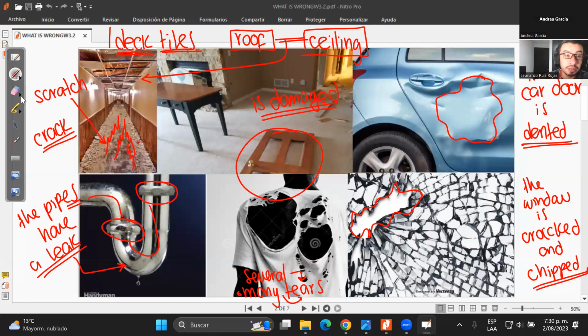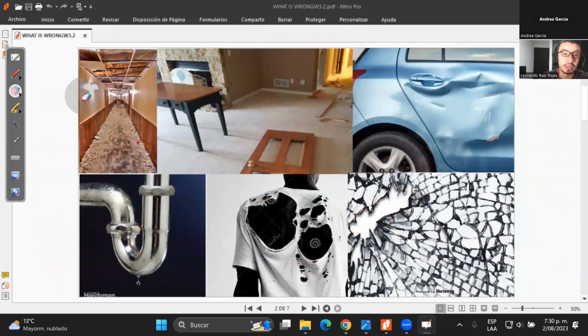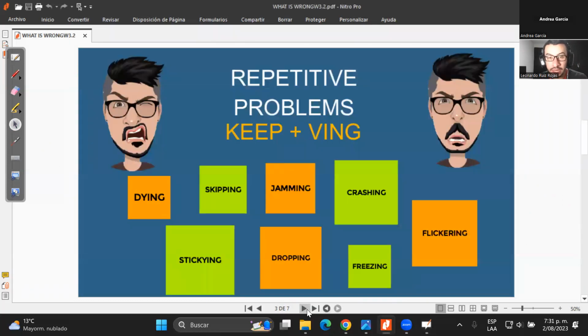So all of those problems are problems that, once they happen, can hardly be fixed. It's difficult to fix them, right? But we have other kinds of problems, which are repetitive problems. For example, when my cell phone has a problem: I charge it many times, but the battery just discharges.